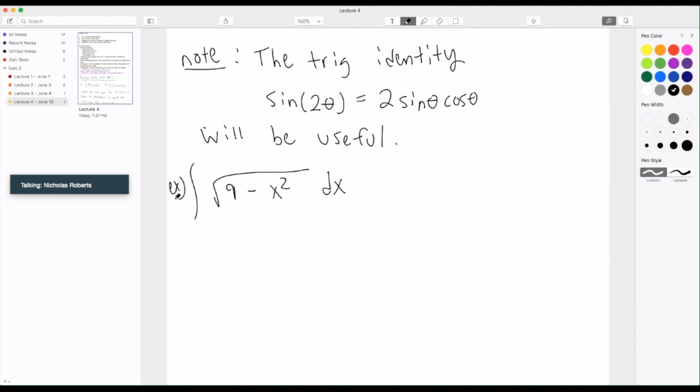Let's recall what case we're under: integrals that involve alpha squared minus x squared. If alpha squared is 9 in our case, that means alpha will be 3. So we're working in the alpha equals 3 case. I hope everyone's okay with why alpha is 3.